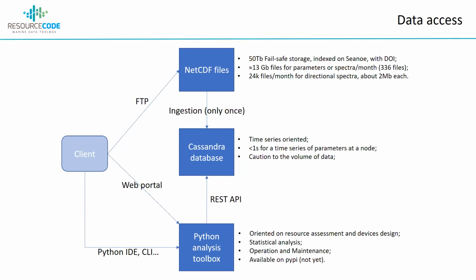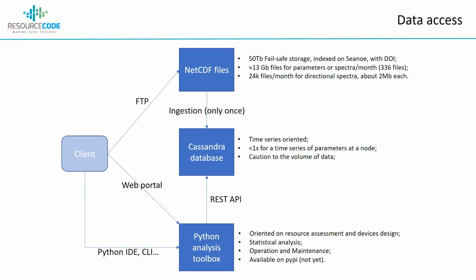So the idea is that this data has been ingested once into a dedicated database, which is called Cassandra, which is open source software that allows us to store this data in a time series oriented manner. And the result is that we can directly call this Cassandra database and obtain a time series of parameters at a given node.